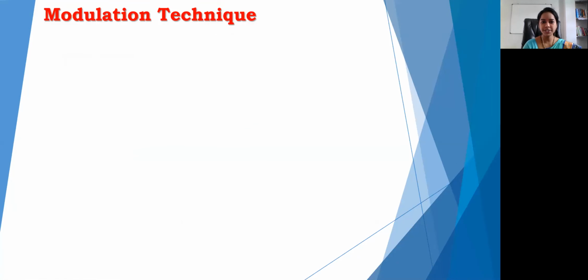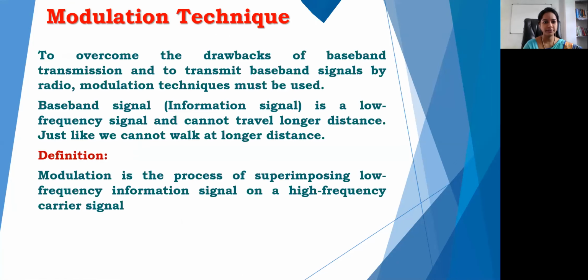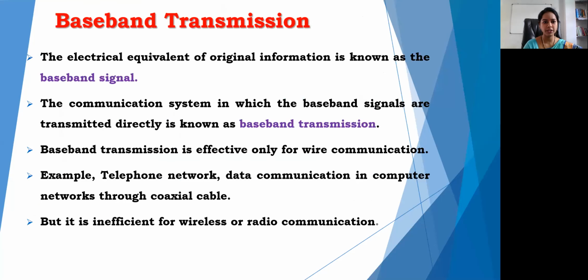Okay, so I'm just taking it back to where we were. We were on the disadvantages of baseband transmission. I'm happy to see that you are attentive in the class. In between I will also ask you to start your video so that we can see whether you are listening to the class or not.